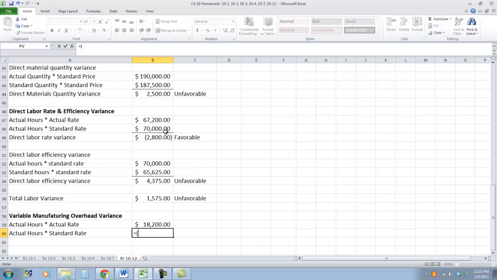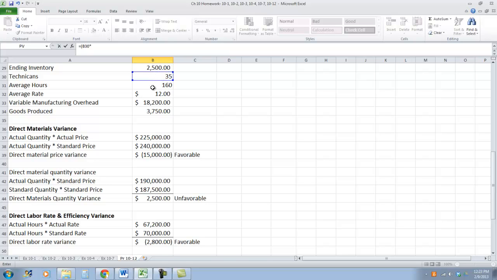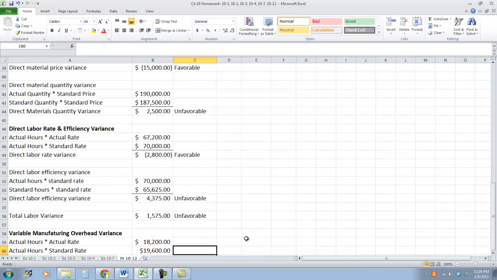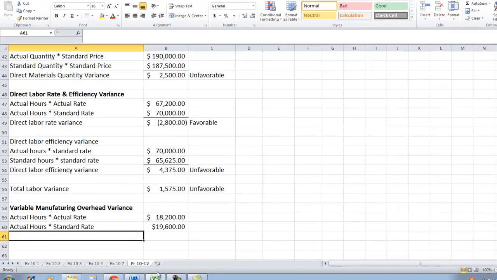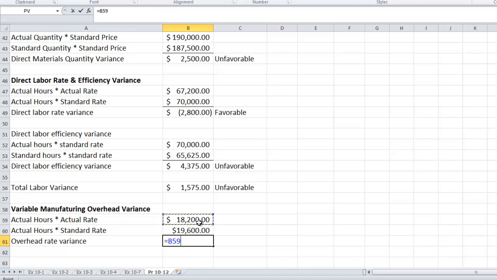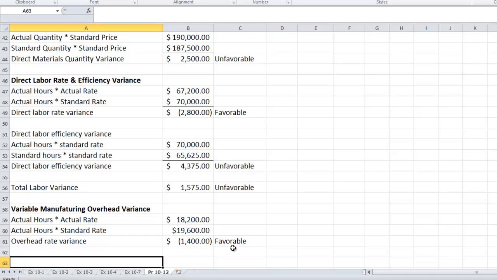The hours were the 35 times the 160, times the standard rate for variable overhead, which was given in the problem as $3.50 an hour. So this is our overhead rate variance. This is a favorable rate variance. Now let's see about the efficiency variance.